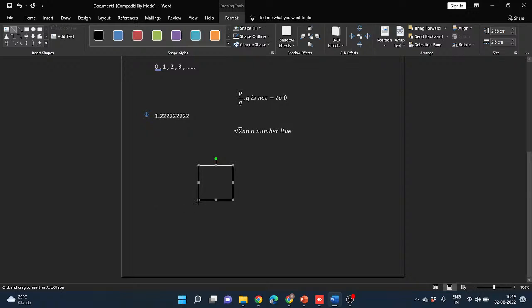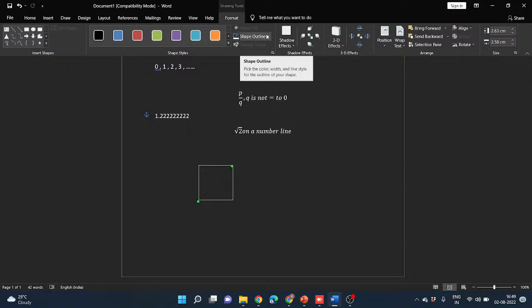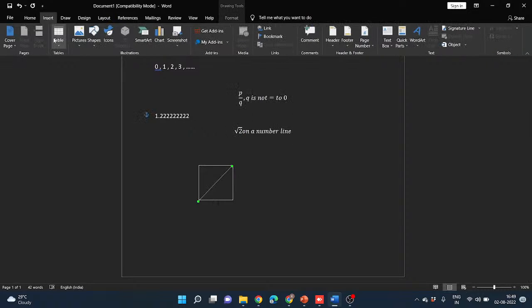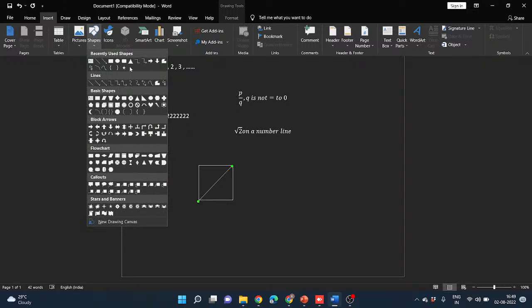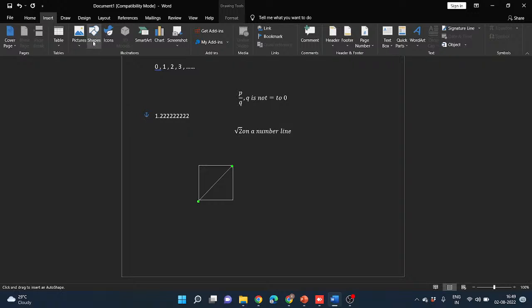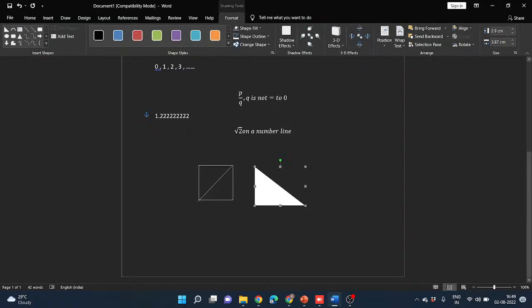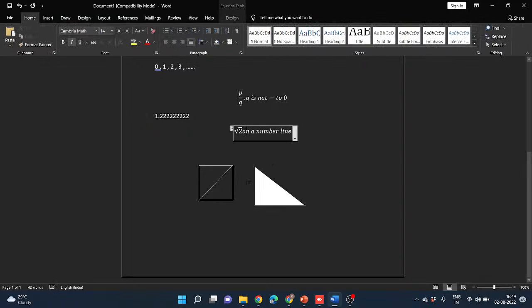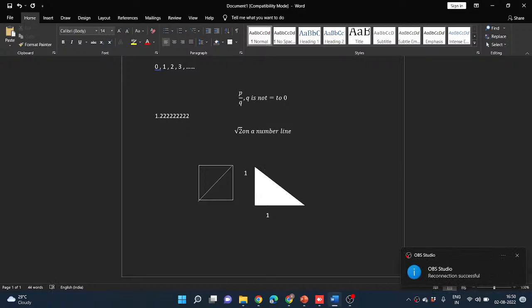If we draw a diagonal, it is the hypotenuse of these two right angle triangles. So in this right angle triangle, the sides are of unit 1. By the Pythagoras theorem, we know that the length of the hypotenuse is root 2.